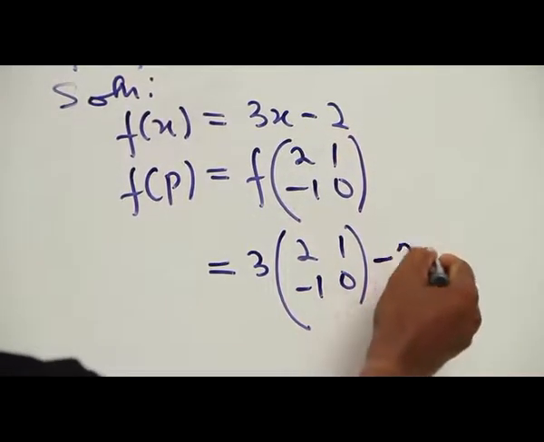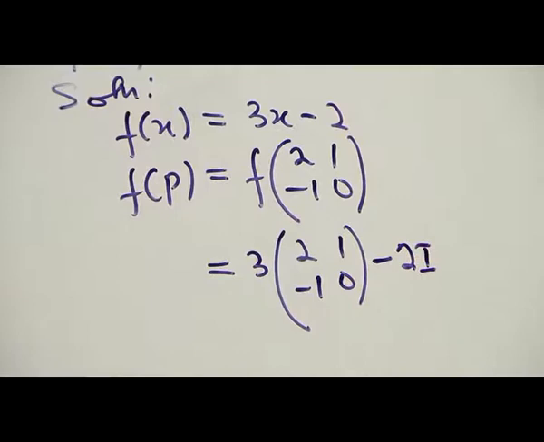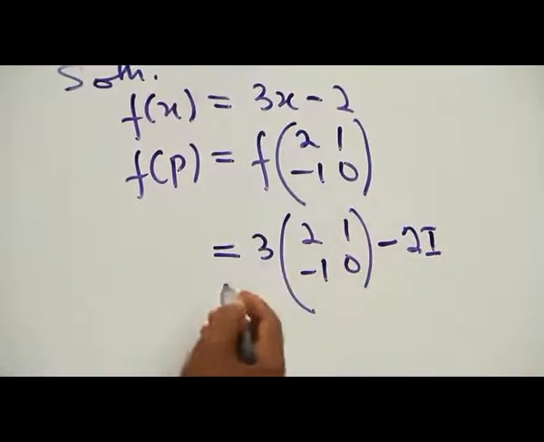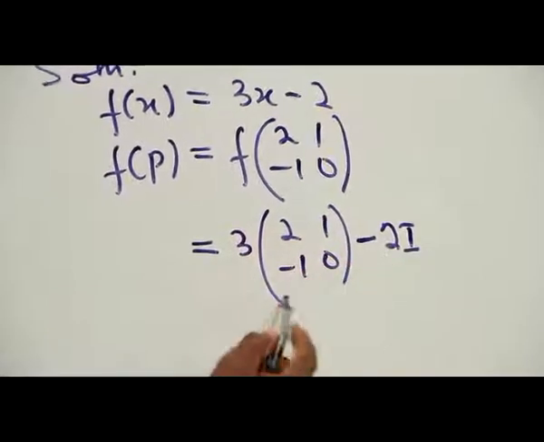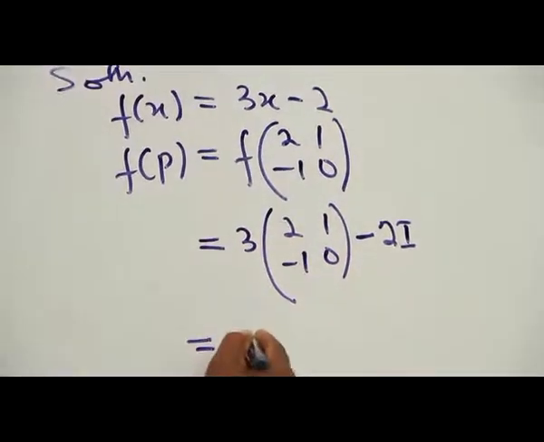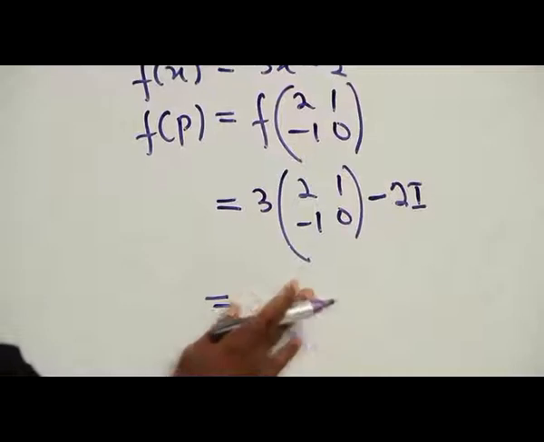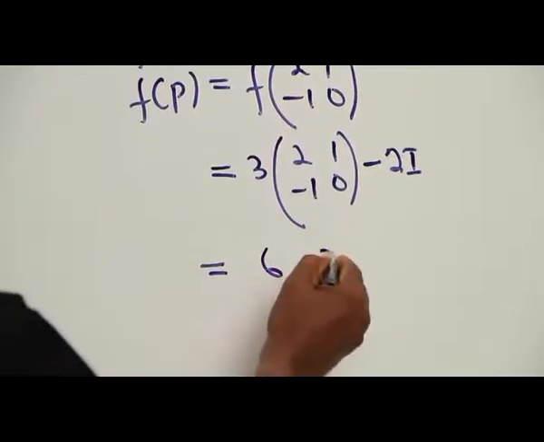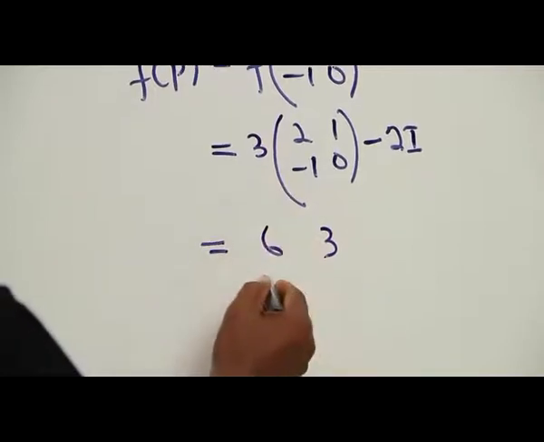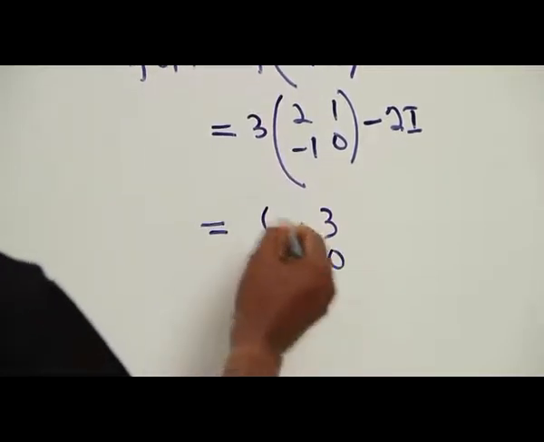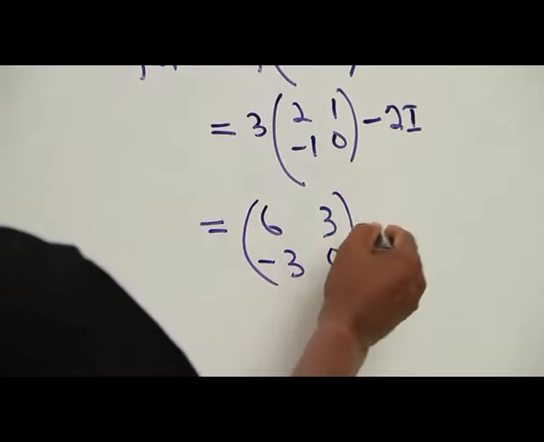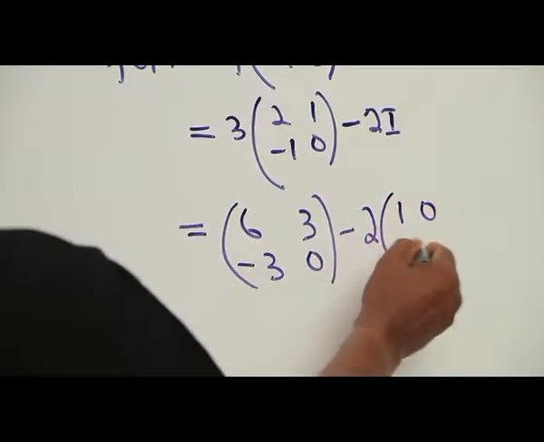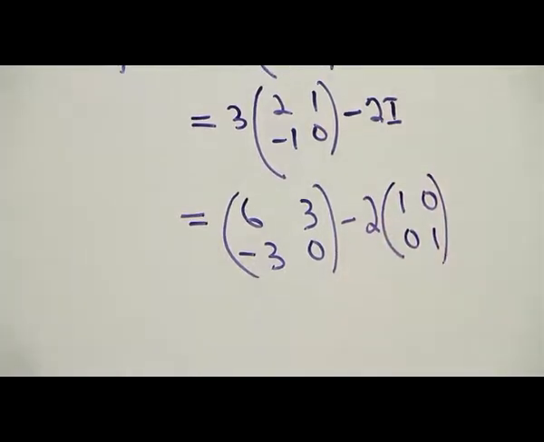And because you are told that there's an identity matrix, you multiply this by the identity matrix. This will enable us to carry out the following by writing this as 6. 3 times 2 is 6, and this is 3, and then 3 times this is minus 3, and this is 0, and here we have minus 2. You can add the identity matrix, which is the 2 by 2 identity matrix.